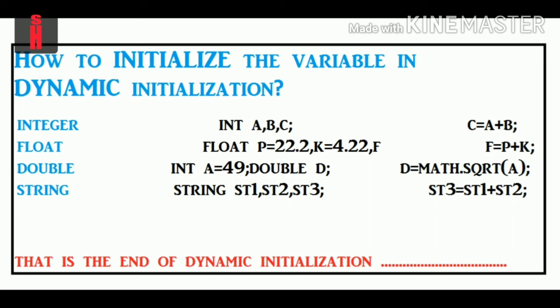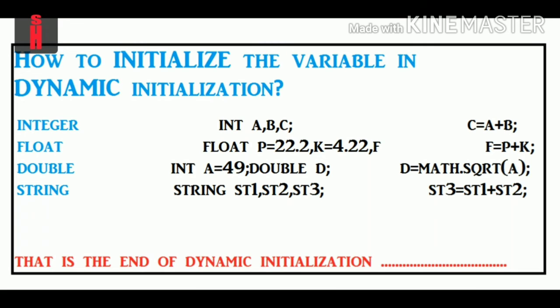In the integer data type I declared 3 variables, capital A, capital B and capital C. There is an arithmetical expression written in the Java program, that is C equals A plus B, meaning A and B have static initialization, so C will have its dynamic initialization at runtime, or at the execution of a program.